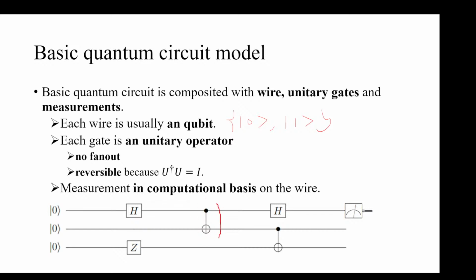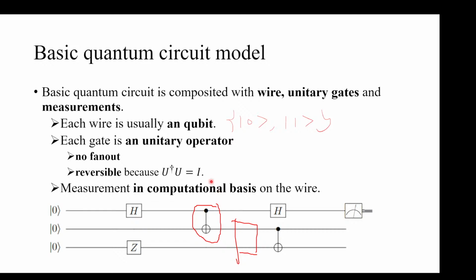This is how we write the control in our quantum circuit, so this is a two-qubit gate. Obviously you can have other kinds of two-qubit gates or even three-qubit gates. Anyway, you can put gates on your quantum circuit.